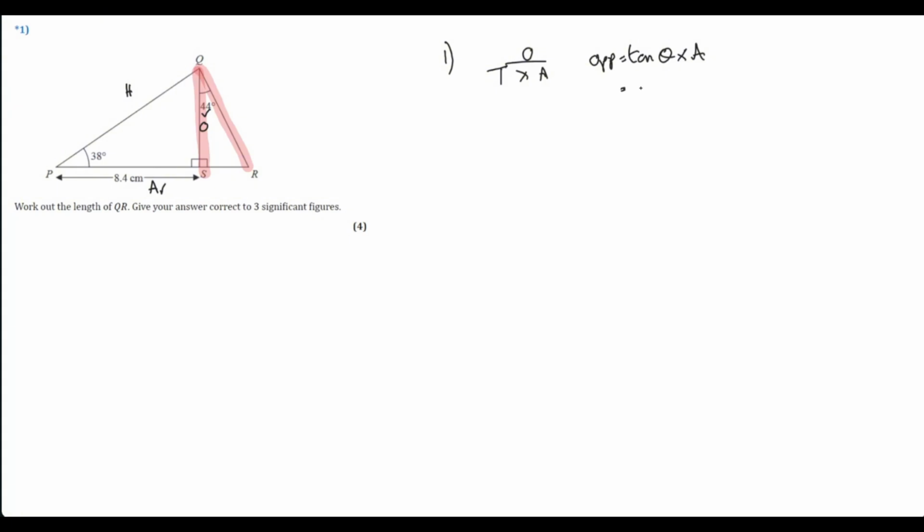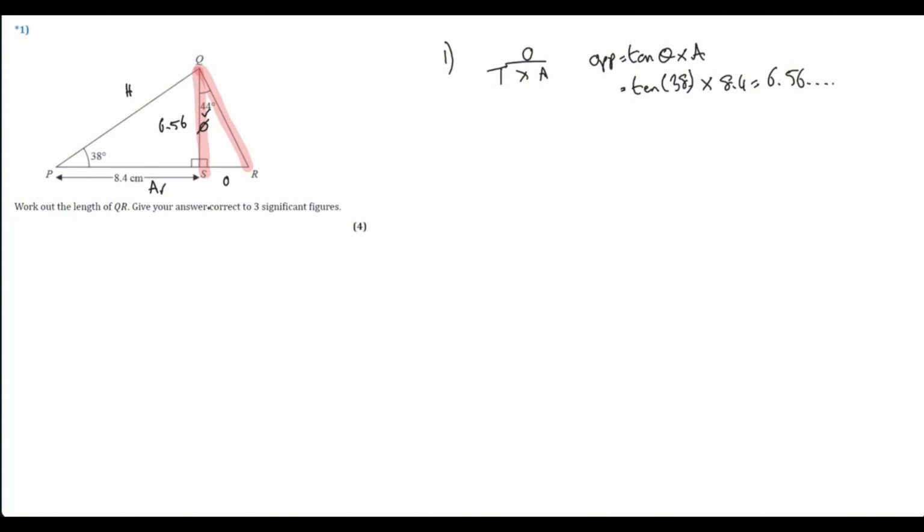In this case, it's tan 38 times 8.4, and if we do that, we get 6.56, etc.